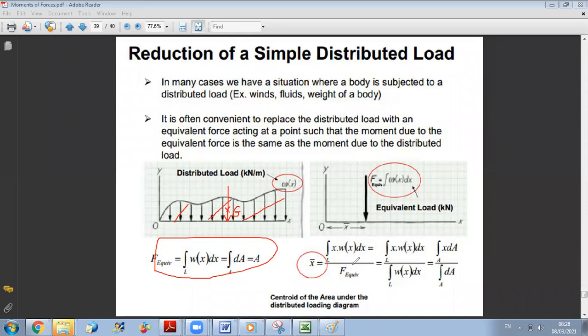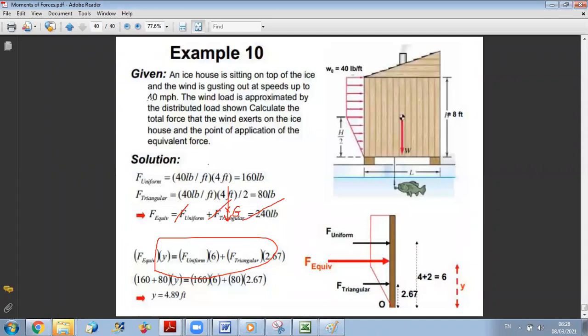Okay, so let us do an example on this. A nice ice house is sitting on top of the ice, and the wind is gusting at a speed of up to 40 miles per hour.